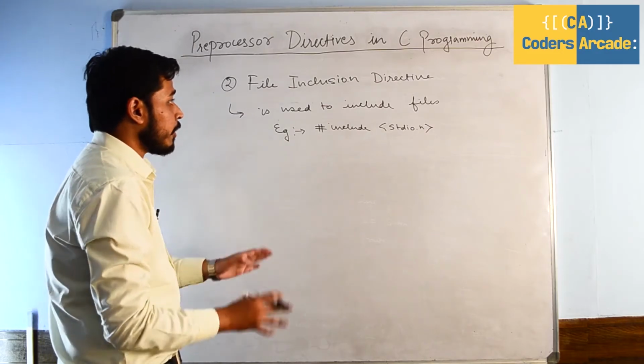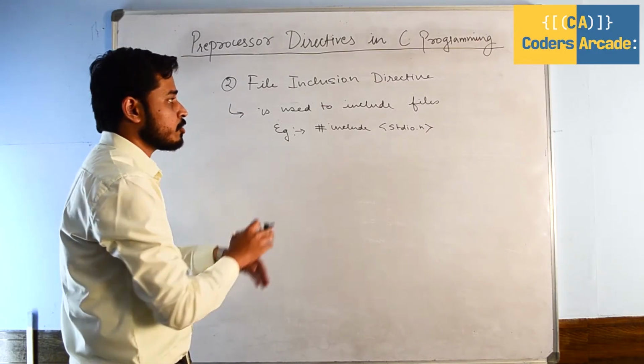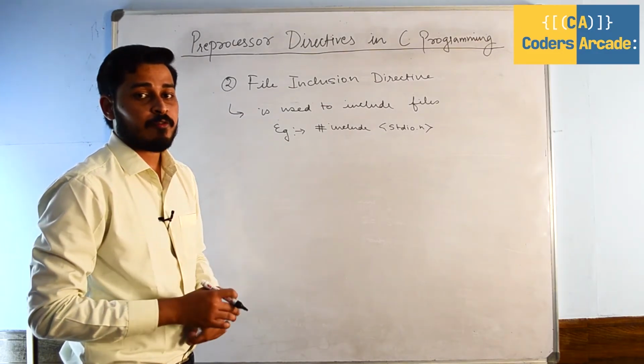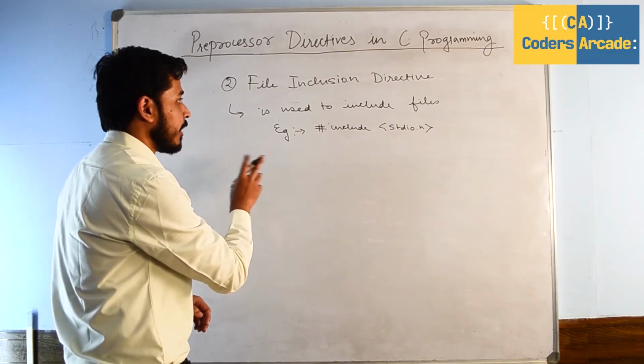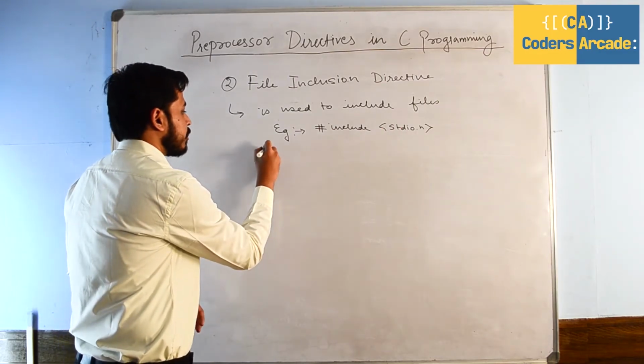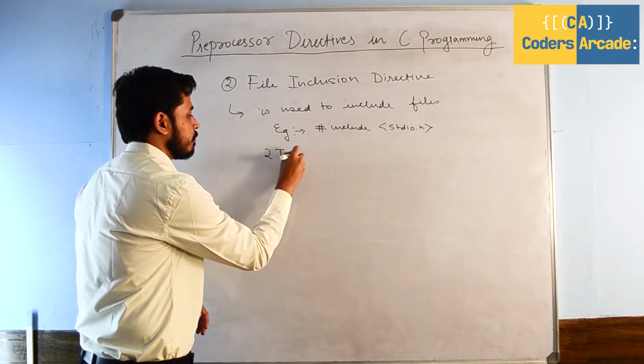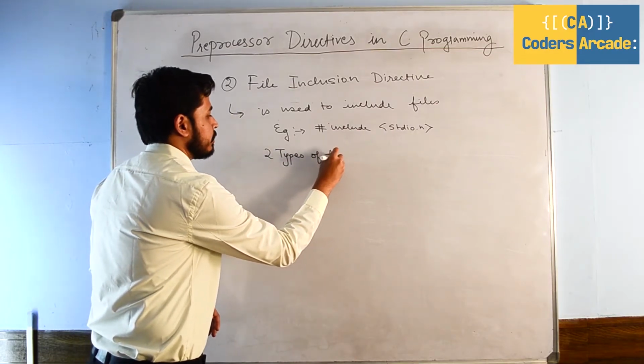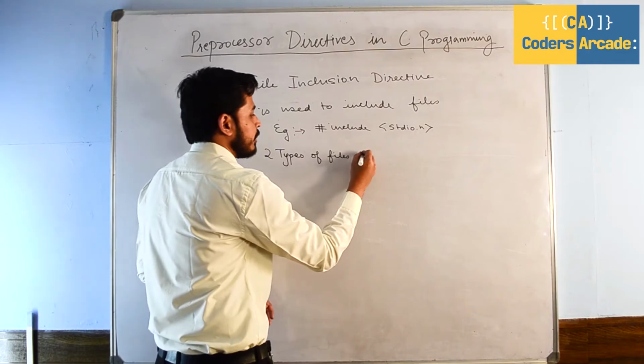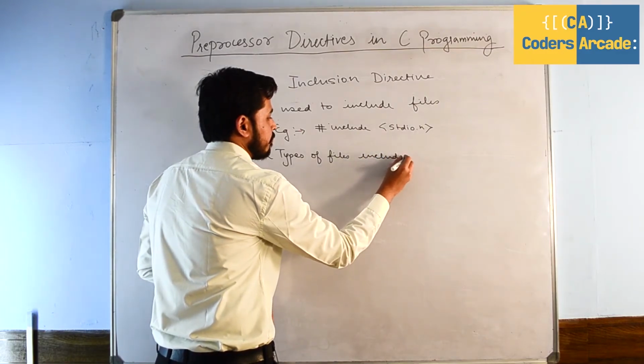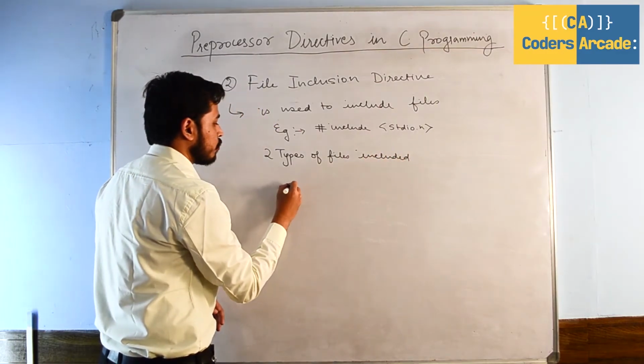Now the main point to be remembered here in this file inclusion directive is, there are two types of files that you can include using this file inclusion directive. So there are two types of files that can be included. Okay, so what are the two types of files?